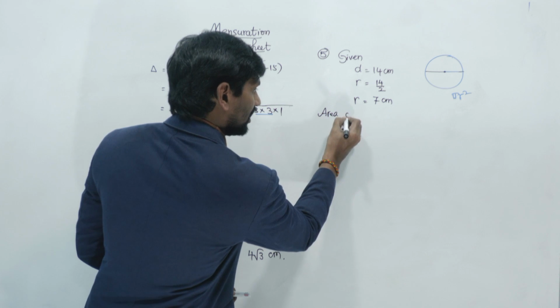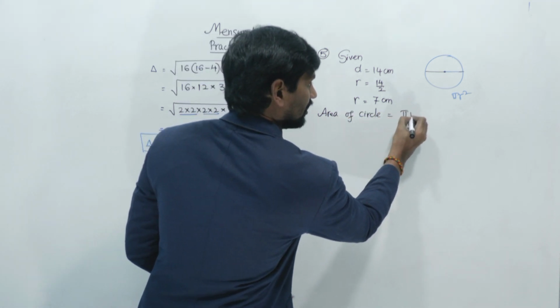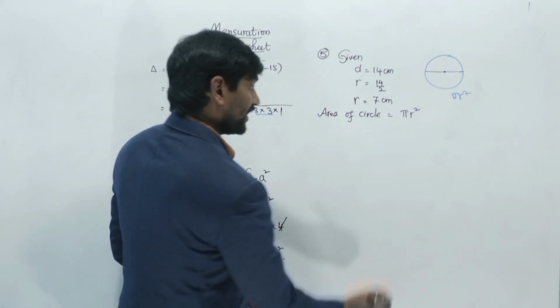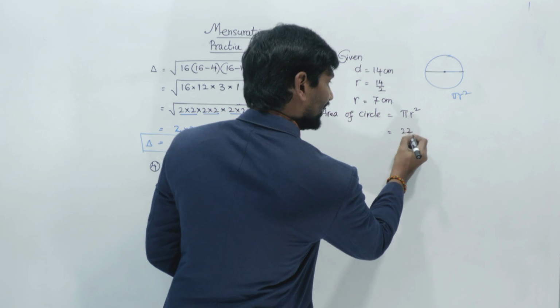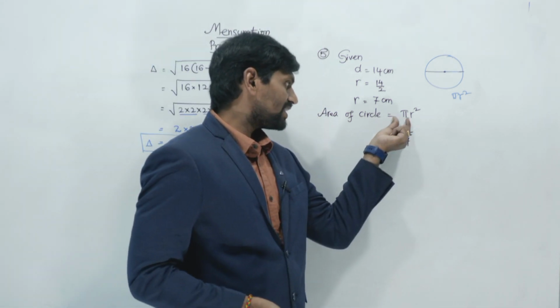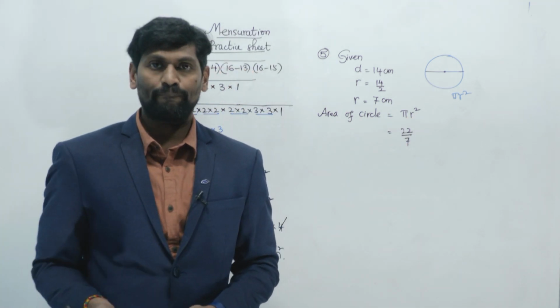Now the area of circle. What is the area of circle formula? Pi r square. Here pi is nothing but a constant value. We are taking it as 22 by 7. Whenever you see the symbol pi like this, we should write its value as 22 by 7 in geometry.